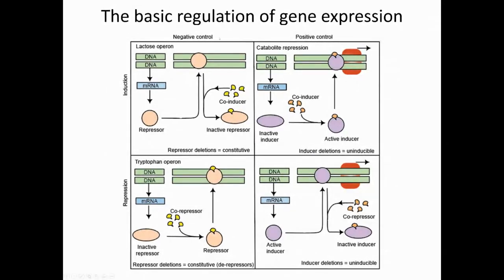Under negative control, basically, under normal circumstances, the repressor will be produced, and then it binds to the promoter, and then you have repression, right? The co-repressor binds to the inactive repressor and binds to the promoter, and then you have repression.